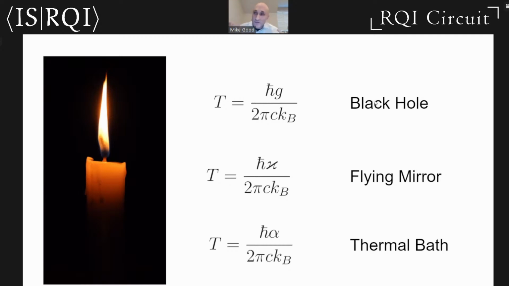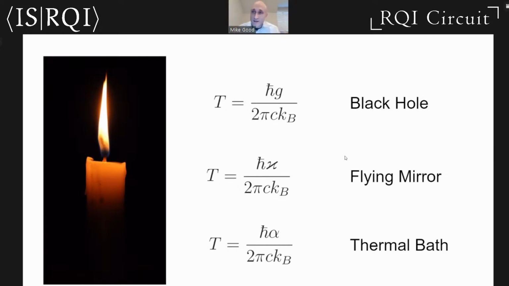And then there is the infamous Davies-Fulling-Unruh effect, that of a uniformly accelerated observer in Minkowski spacetime who finds himself immersed in a thermal bath. So alpha here is the uniform acceleration. So there are several different connections between acceleration or surface gravity and temperature.